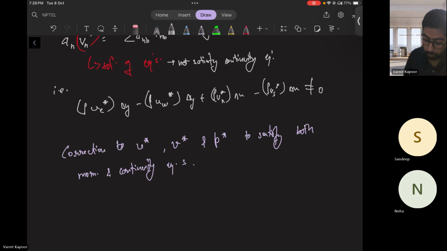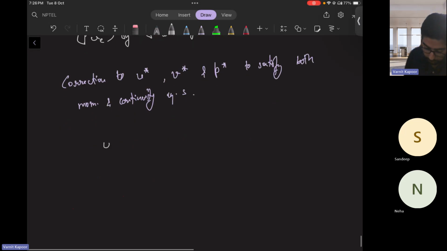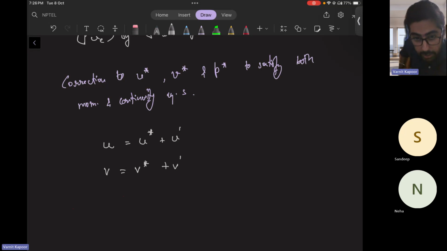So we can write the actual velocity u as u star plus u dash. Similarly, v is equal to v star plus v dash. Here u dash and v dash are corrections because u star is not equal to u.